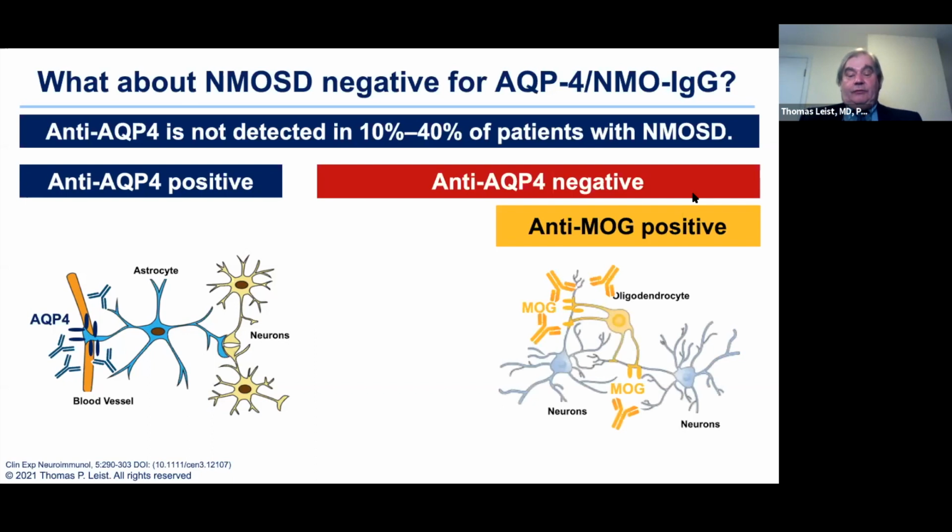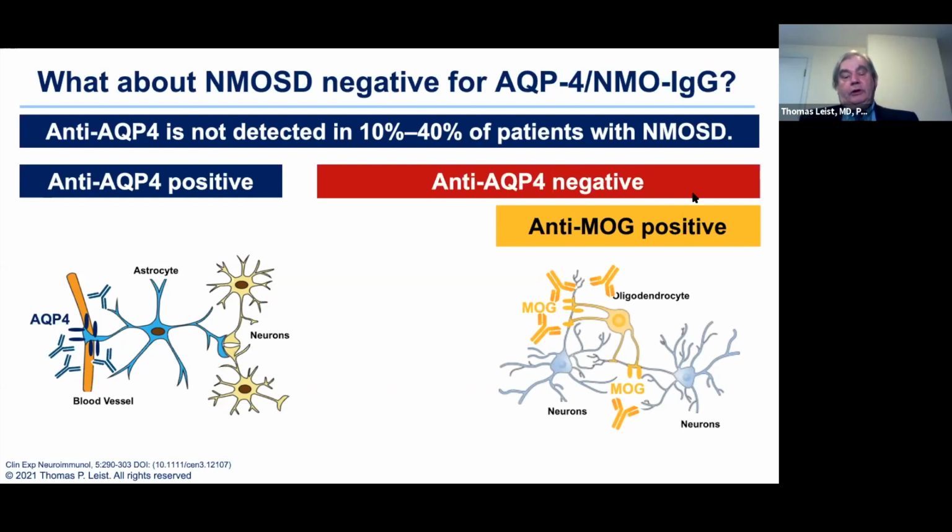In the individuals that were anti-aquaporin 4 negative, one found that a significant group of these 10 to 40% of patients had another antibody, the anti-MOG antibody, the anti-myelin oligodendrocyte glycoprotein antibody.